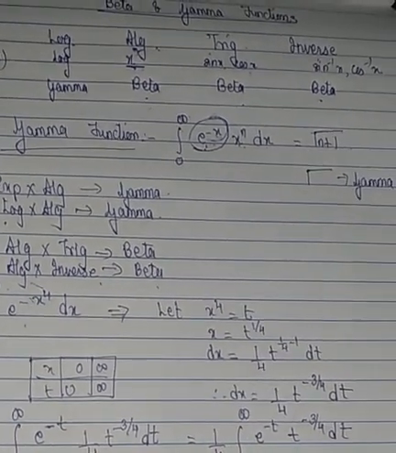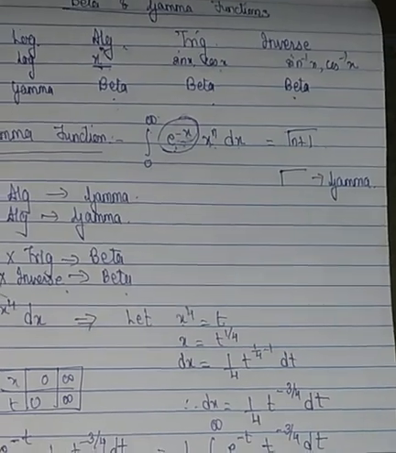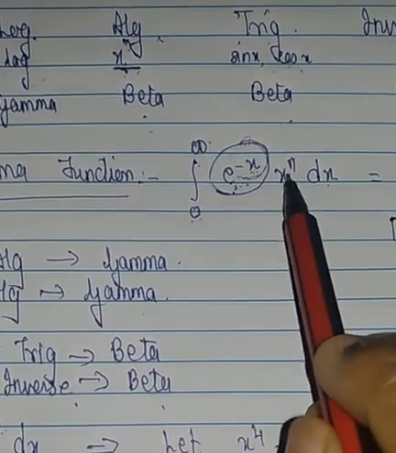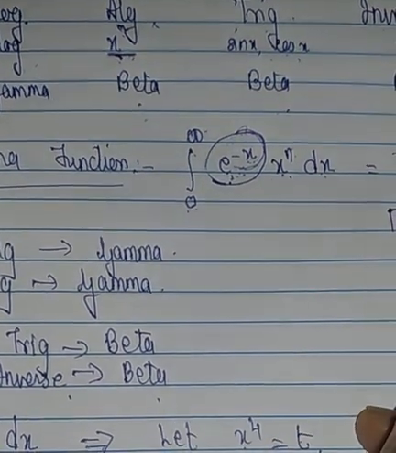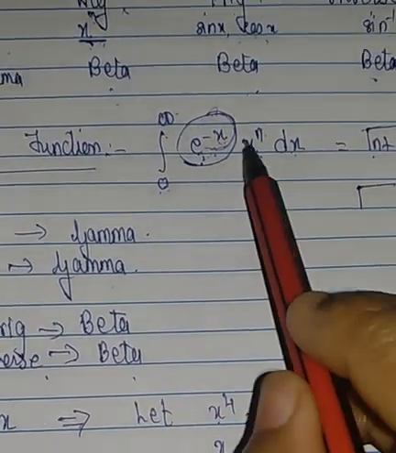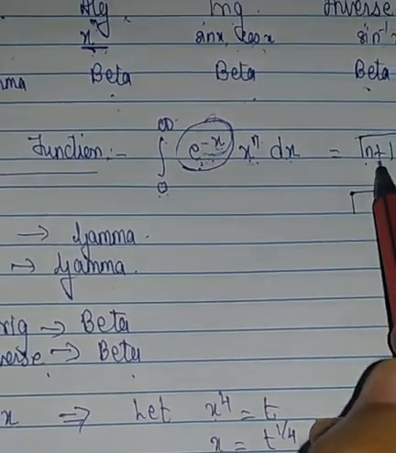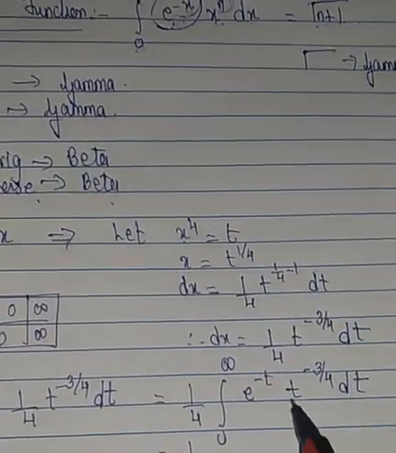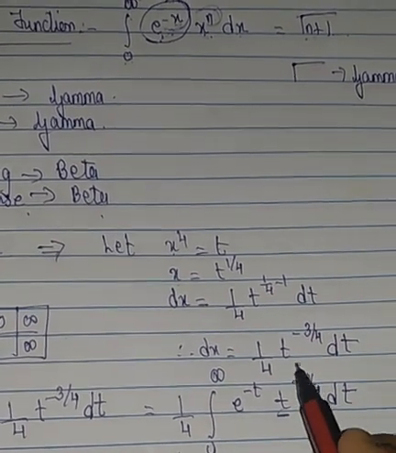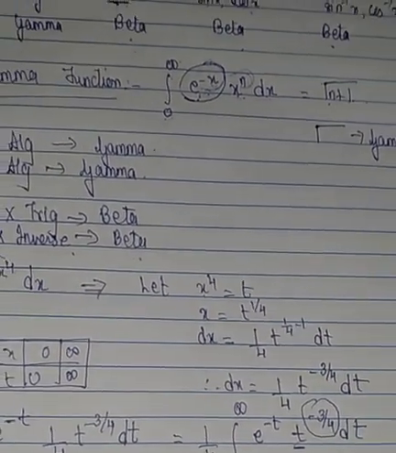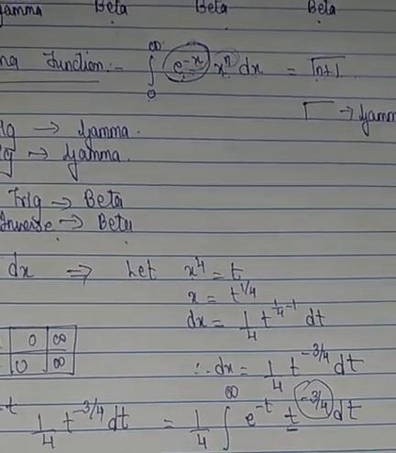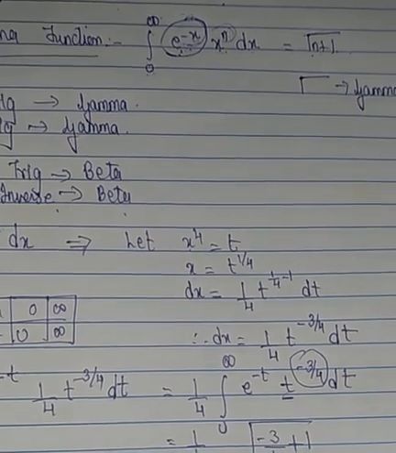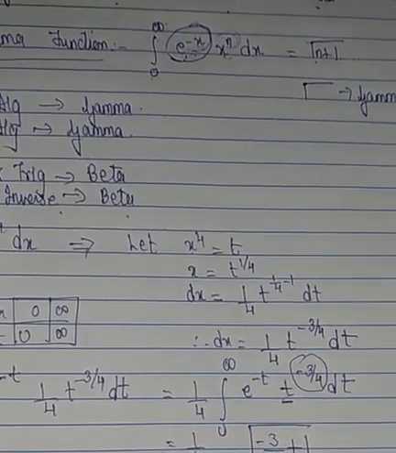Now I'll compare my given function with the integral 0 to infinity e raised to minus x, x raised to n dx, which is gamma n plus 1. Whatever is the power of my algebraic term will give me the value of n. So what is the algebraic term over here? It is t, whose power is minus 3 by 4. So the answer turns out to be minus 3 by 4 plus 1, which in turn gives me 1 by 4 gamma 1 by 4.